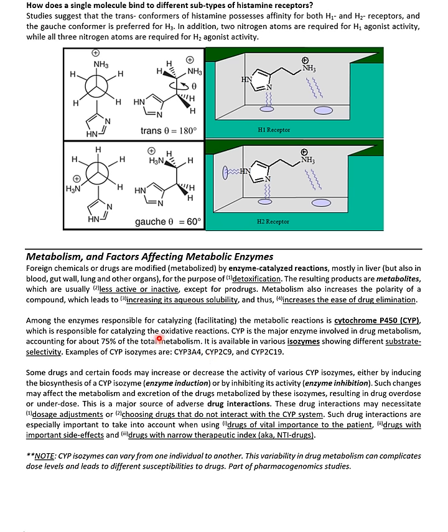So drugs or foreign chemicals in general are metabolized, basically modified through reactions that are catalyzed by some enzymes. These reactions modify these drugs or foreign chemicals mainly in the liver, but they can also be metabolized in the blood, the gut wall, the lung, or some other organs like the skin, for example.